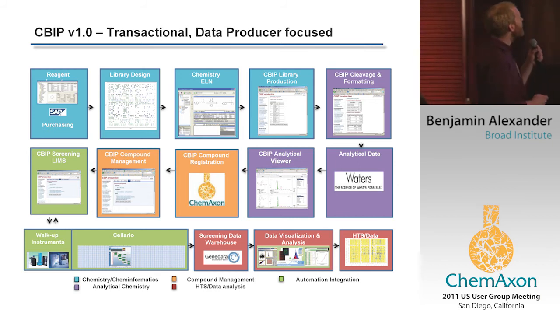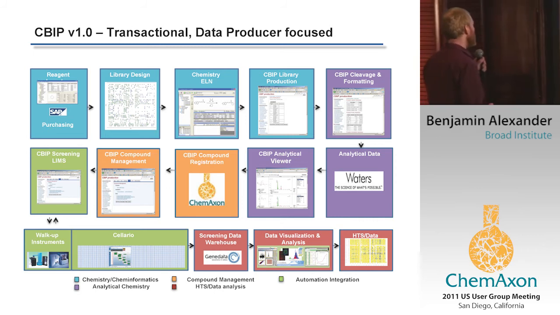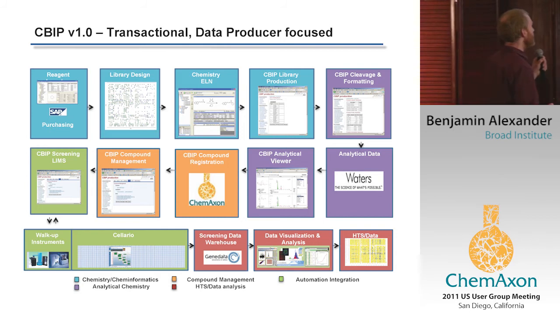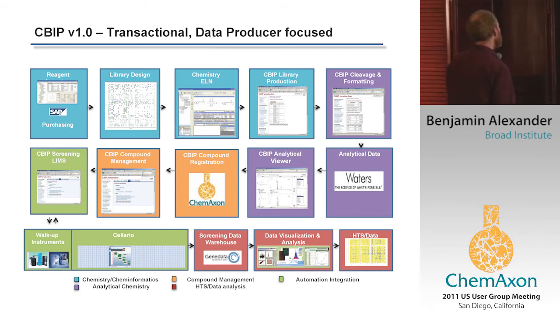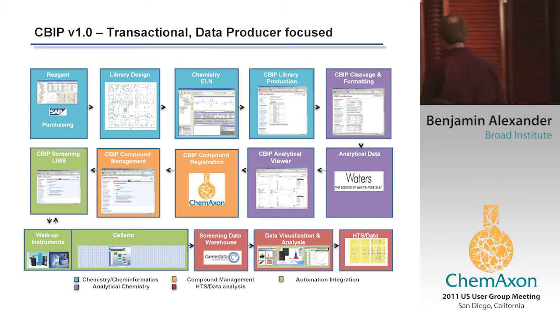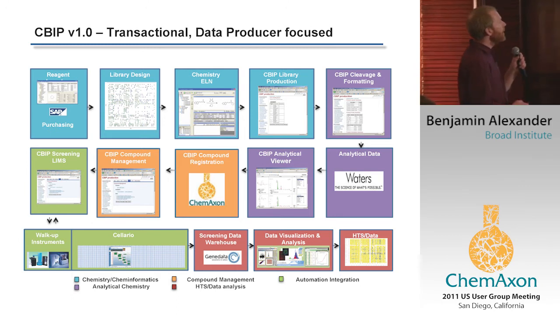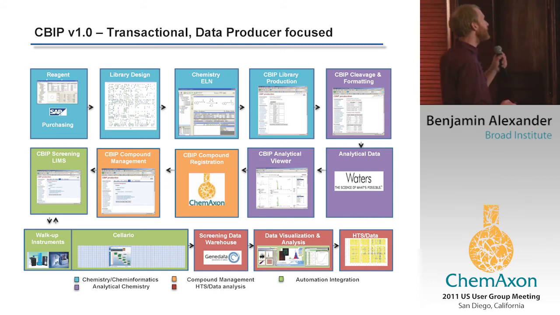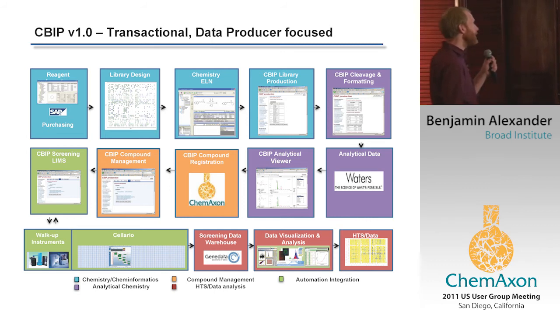Then we go ahead and undertake the production of the library. Most of the time we've been using solid phase synthesis with RFID tags to tag the compounds as they are produced. More and more we are going to solution phase chemistry as well. Then we take the compounds that we produced, cleave them in the case of solid phase synthesis, and send them off to our analytical shop.